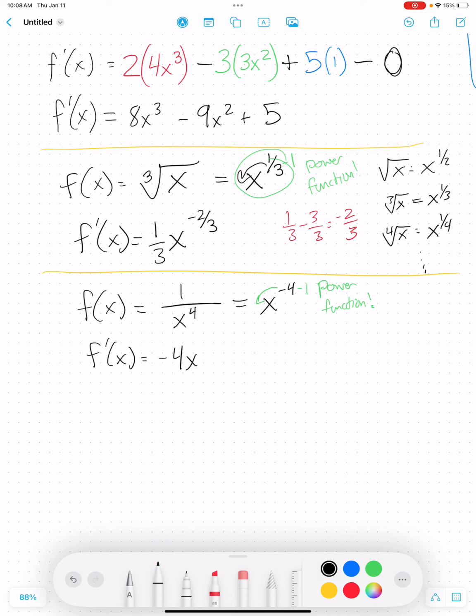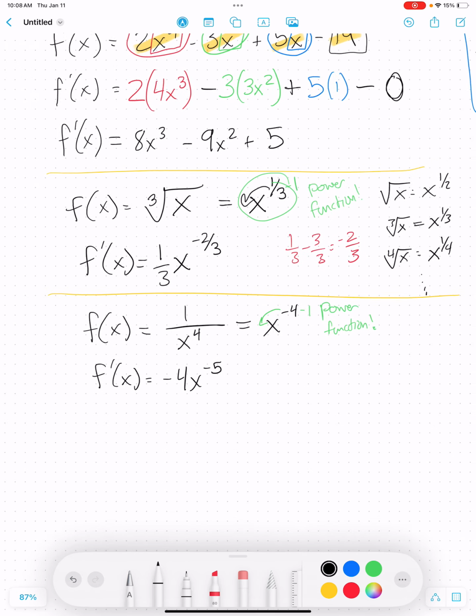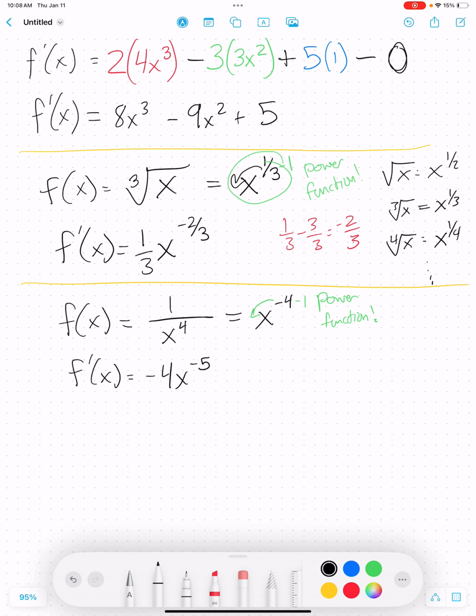Negative 4 minus 1, careful, is negative 5. I've got more negative. So it works. Very nice. So this power rule works for roots and works for functions where you have a power function in the denominator. Okay? So let's put it all together.